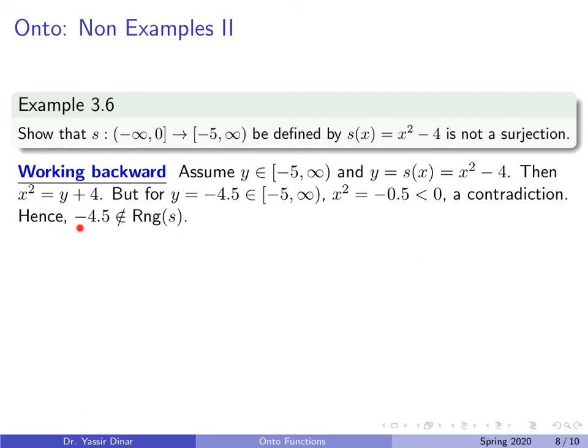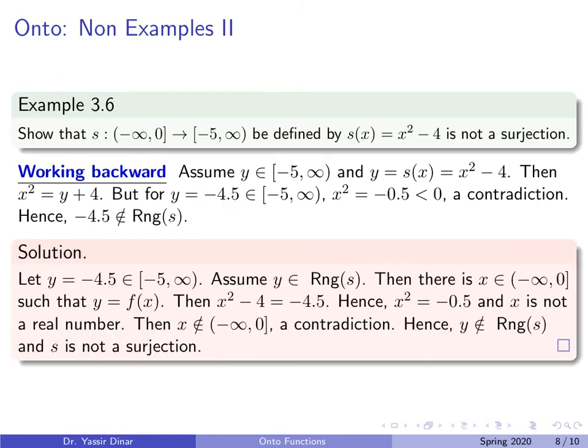And so I found a counterexample. My counterexample will be y equal to minus 4.5. So in the solution, I will take y equal to minus 4.5. Then y is in the codomain of my function s.